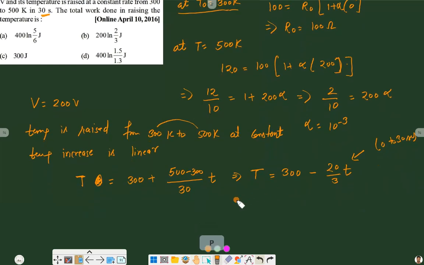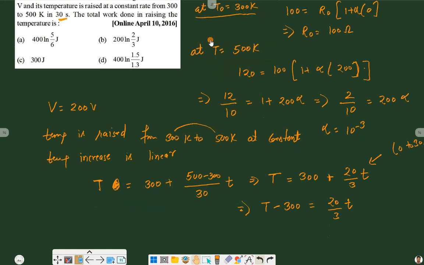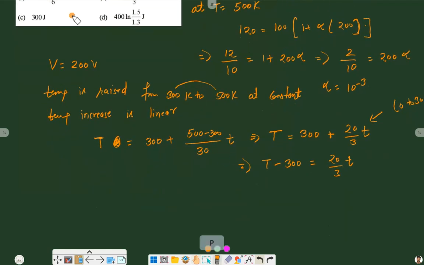We can further write it like this: T minus 300 is equal to 20 by 3 into t, and we know 300 is equal to T naught, so this is actually the value of T minus T naught. So T minus T naught is equal to 20 by 3 t.